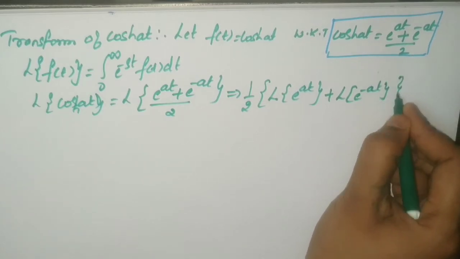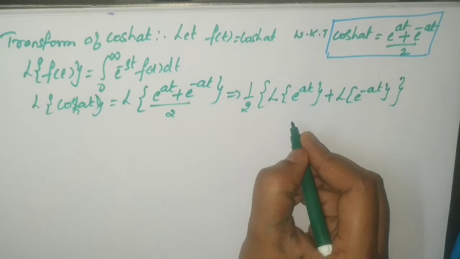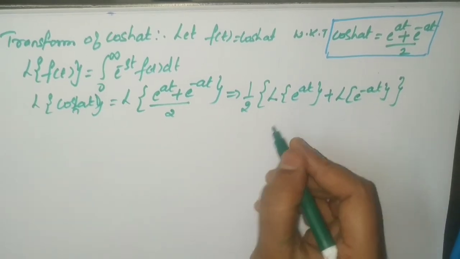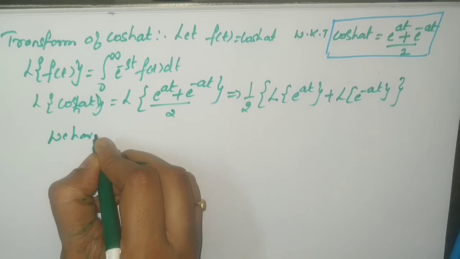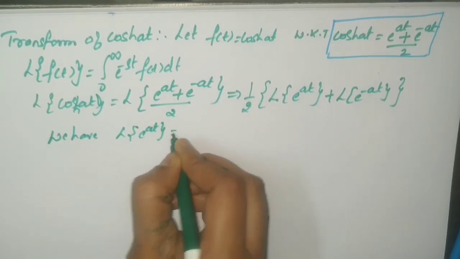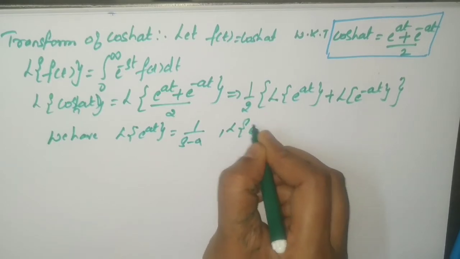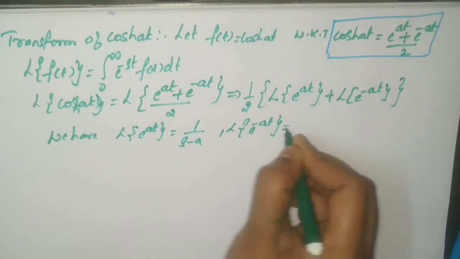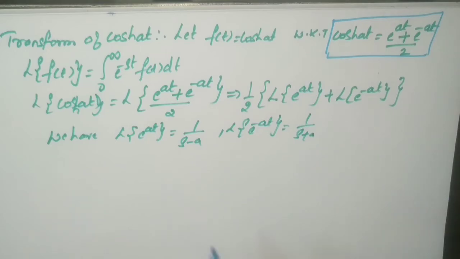Just now we have derived the second transform, and from that we have Laplace of e power at is 1 by s minus a, and Laplace of e power minus at is 1 by s plus a.